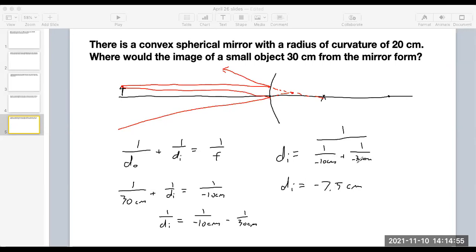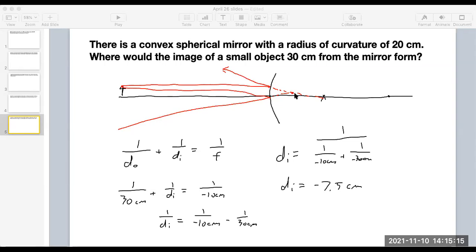And it works out to be negative 7.5 centimeters. So negative just means on the other side. So it works out to be a virtual image that time.